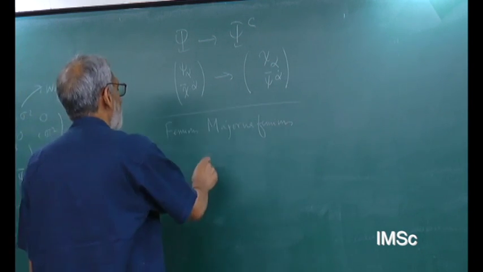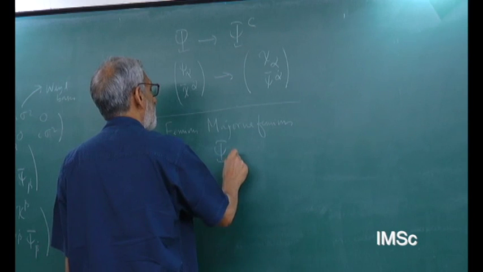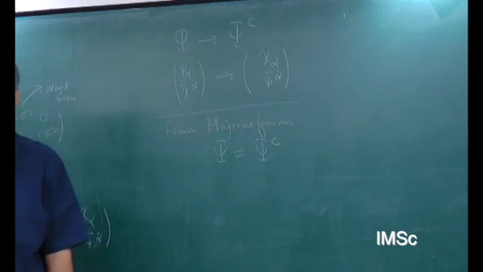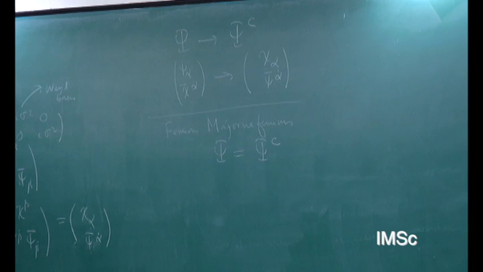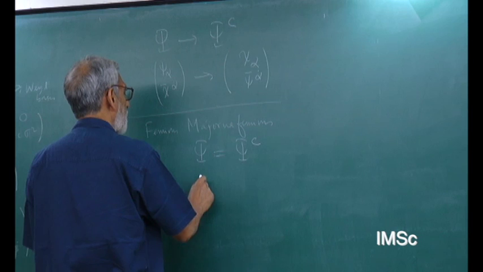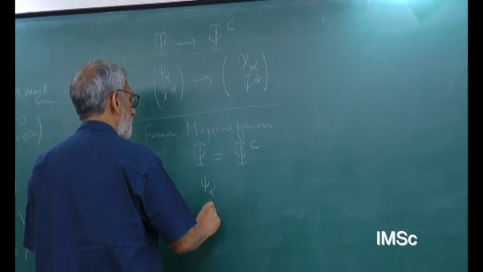So a Majorana fermion is when psi is psi conjugate. So, unlike a Dirac fermion, they cannot carry charge because they are self-conjugate.